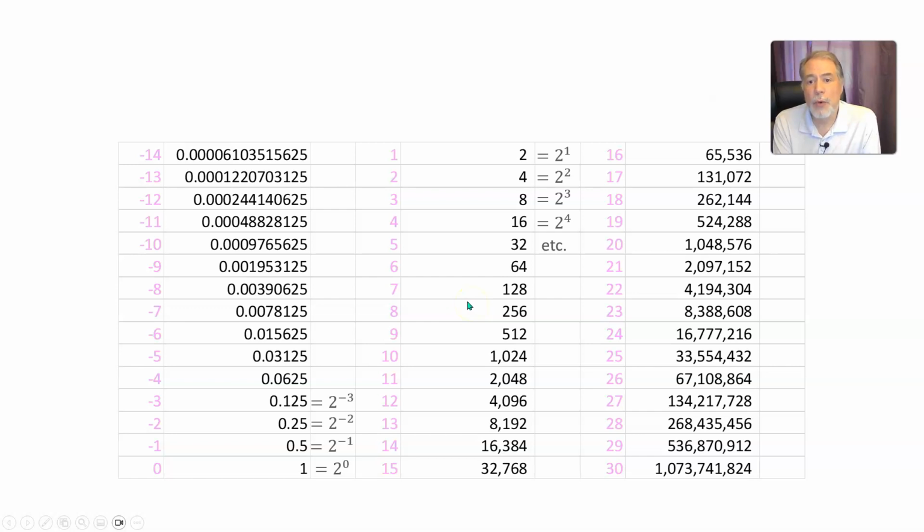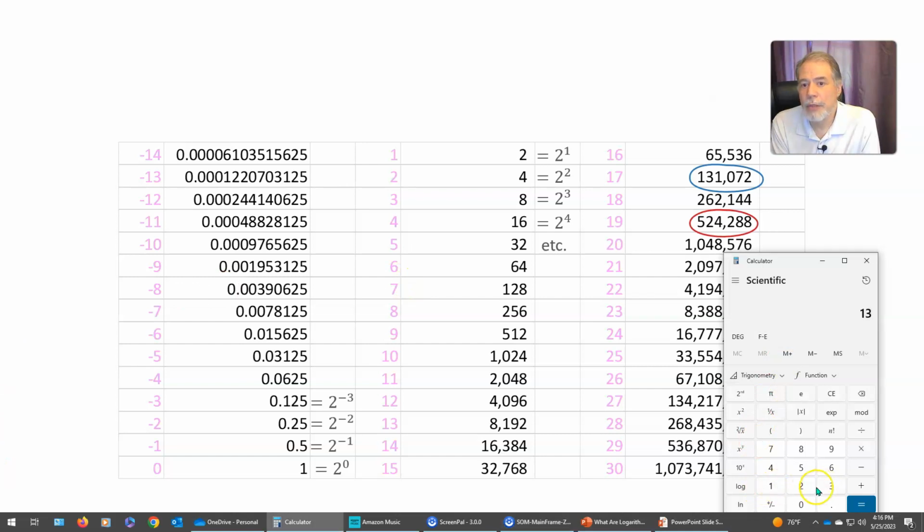Let's try one where we're dividing. What happens if we divide 131,072 by 524,288? Can you guess what we're going to get now? Well, let's see. 131,072 divided by 524,288. And before I hit the equals button, notice that this is the 17th number divided by the 19th number.